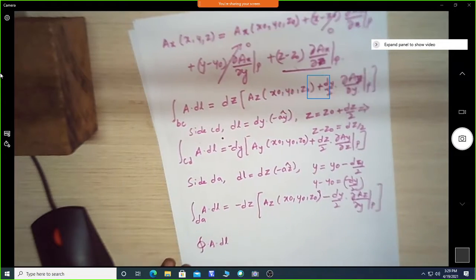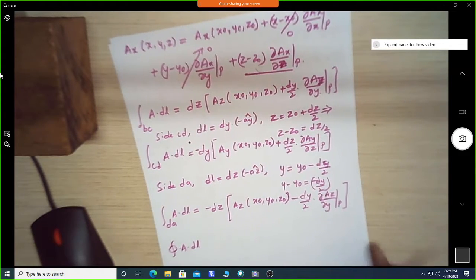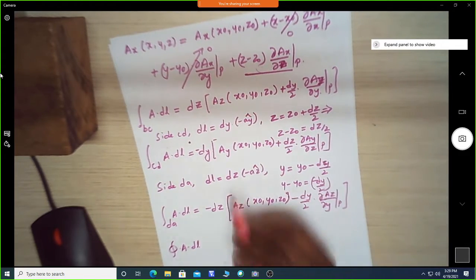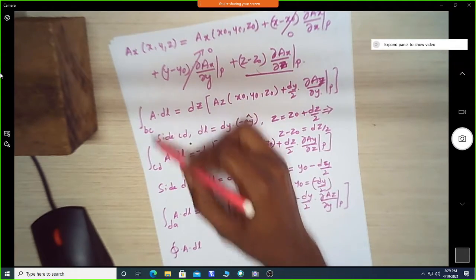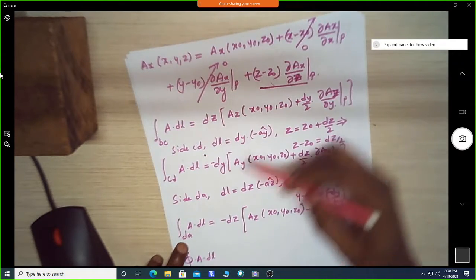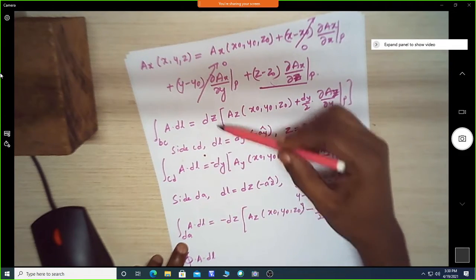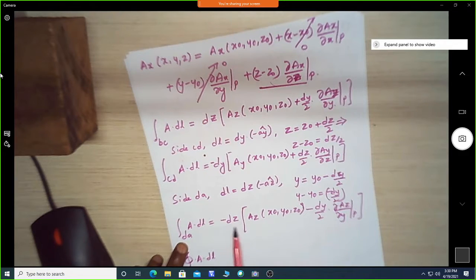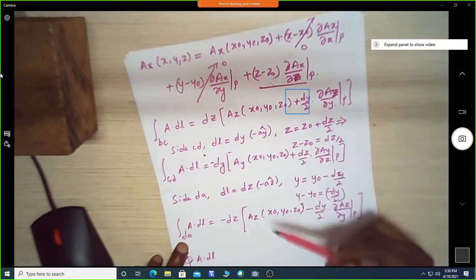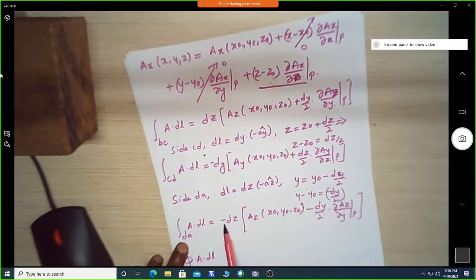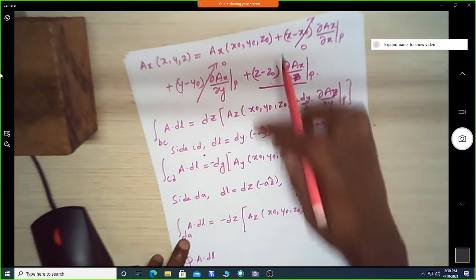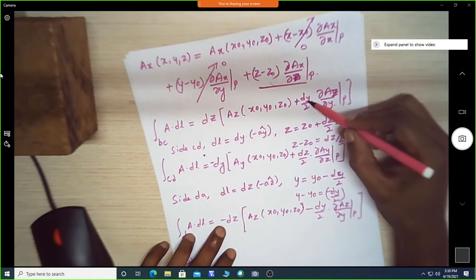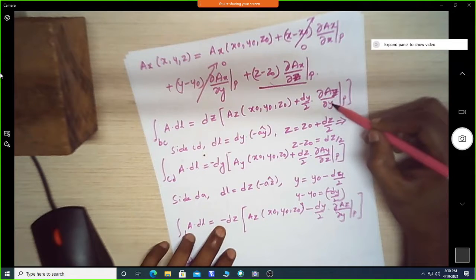Now we can observe here, if I take BC and DA, plus dz into Az of x naught, y naught, z naught minus dz of Az of x naught, y naught, z naught will cancel each other, and minus into minus becomes plus. So if I add these two, you will get dz into dy by 2 into del Az by del y.